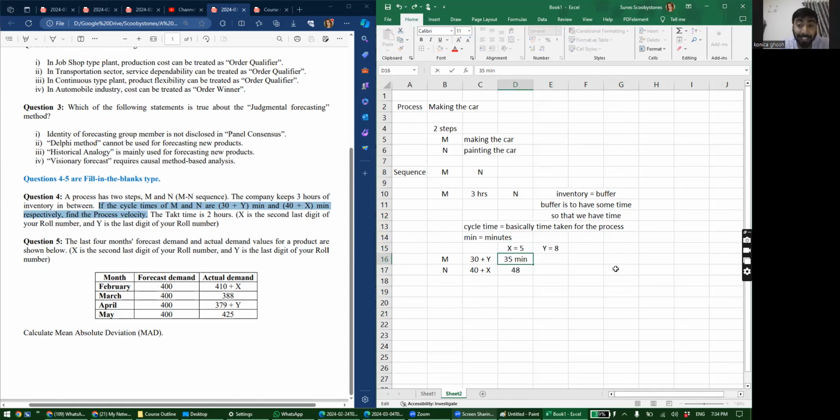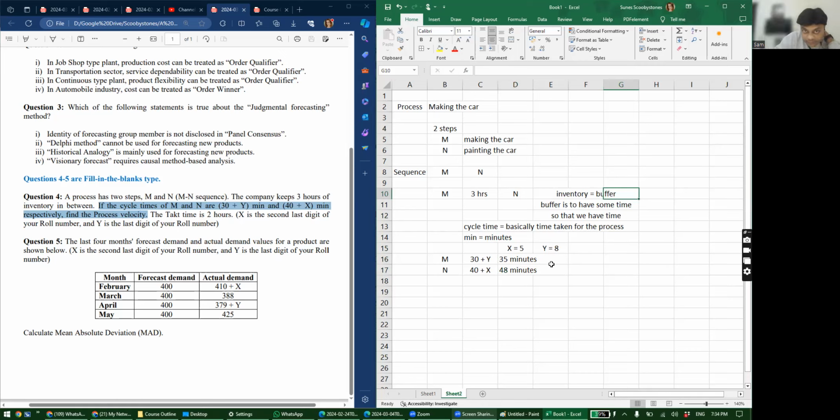Yes, just write minutes. So till here we know the cycle time of M is 35 minutes, and the cycle time of N is 48 minutes.